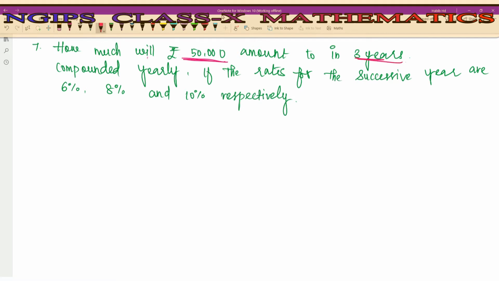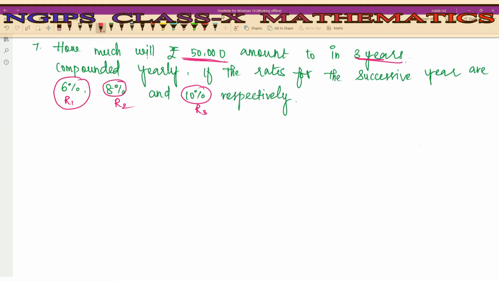So the first year it is 6%, the second year it is going to be 8%, and the third year it is 10%. This is the rate of interest. Here the rate of interest is going to change, and the principal also is going to change every year, but the number of years remains one for each year, for 3 years.